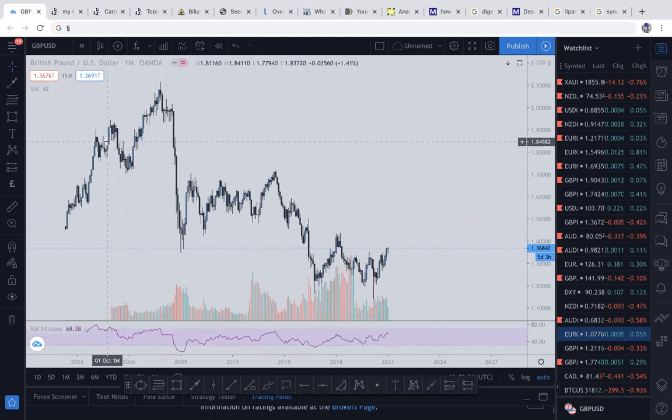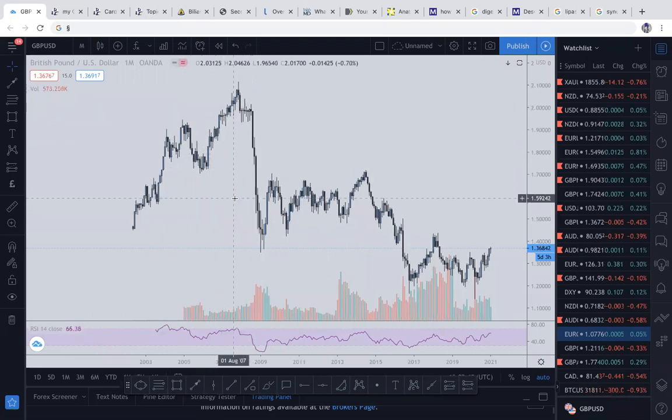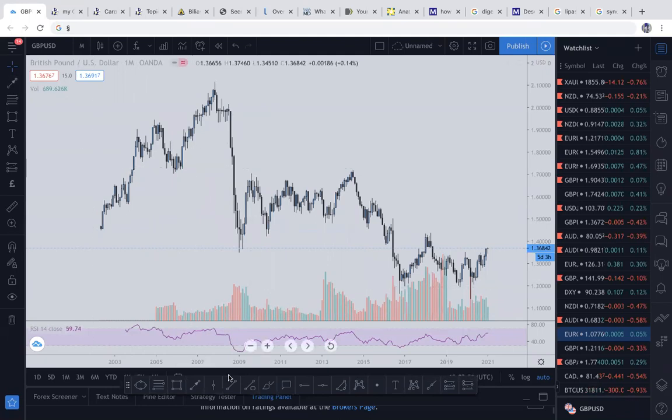So focus your attention around this area. See what was happening around here. Price was creating higher highs, lower highs, higher highs, lower highs, higher high. And around this area, something happened. We broke market structure.